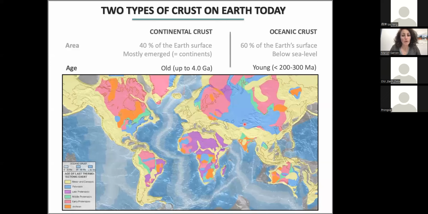So the continental crust and the oceanic crust are also very different in terms of ages. So the continental crust has rocks of almost all ages, up to 4 billion years, while the oceanic crust is younger, with a maximum age of about 200-300 million years.